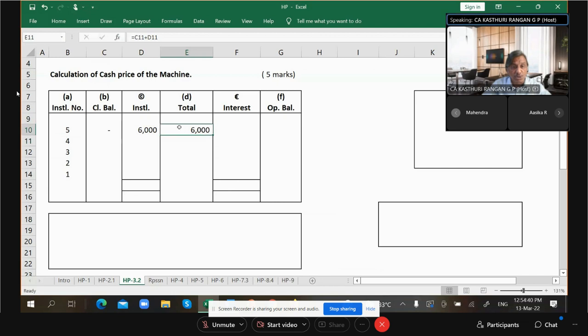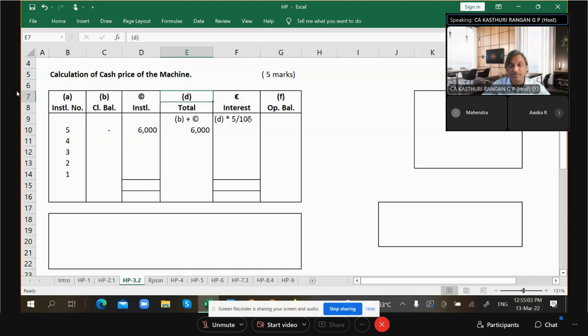In this 6,000 rupees, interest of 5% per half year is included. How to calculate interest? You have to multiply this by 5 by 105. Are you clear how to get this number? B plus C. How to get this number? D into 5 by 105.